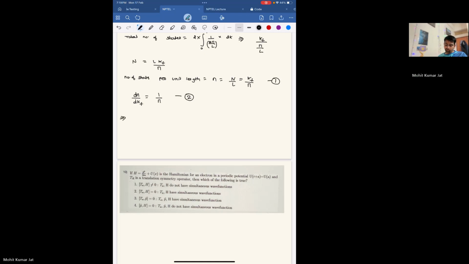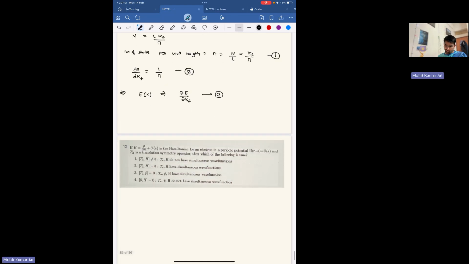And if E is a function of k, this implies del E by del kf will be some quantity, and that's my equation number 3.